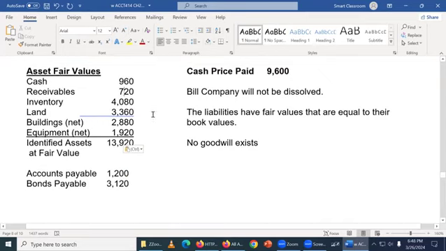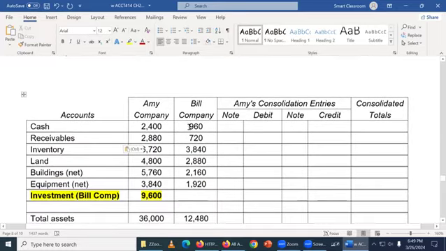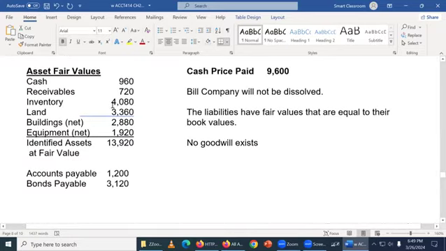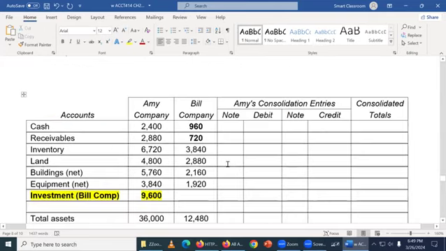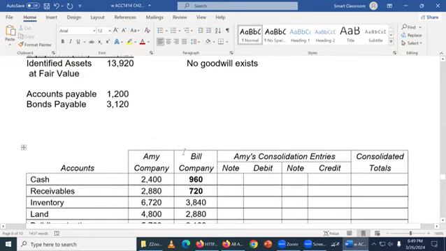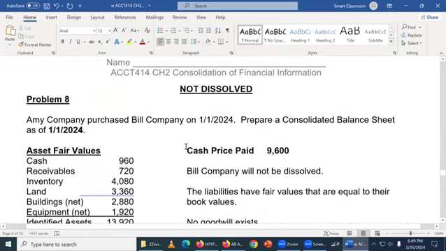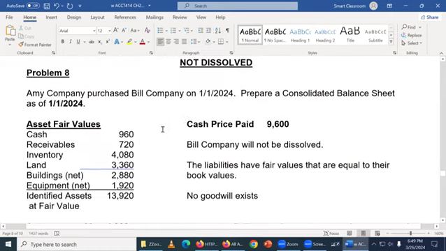So right after we do the journal entry, we have the cash 96, the receivables 720. So that's what those are. 4,080, 3,360. Those are different. I thought I had these already calculated out. All right, let's put the excess assets over here.